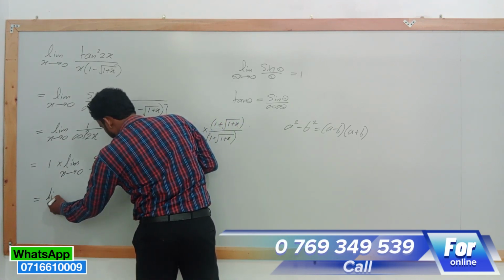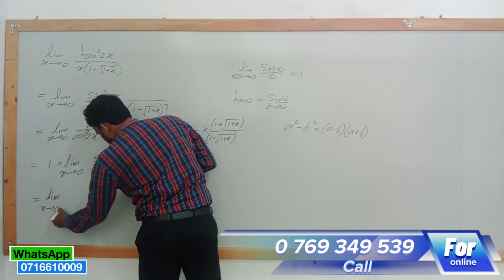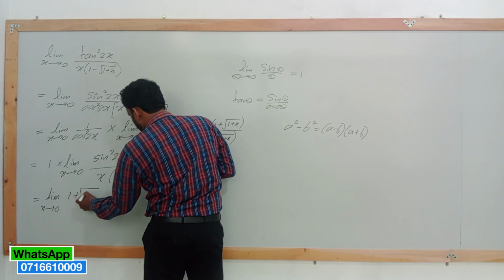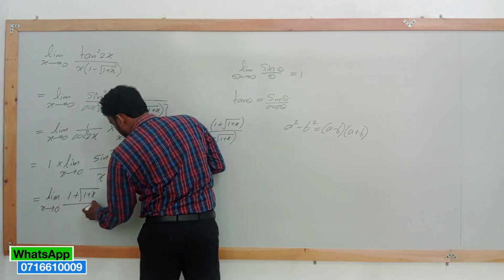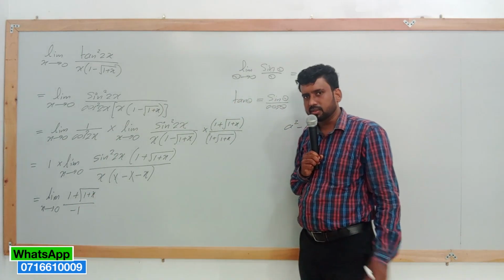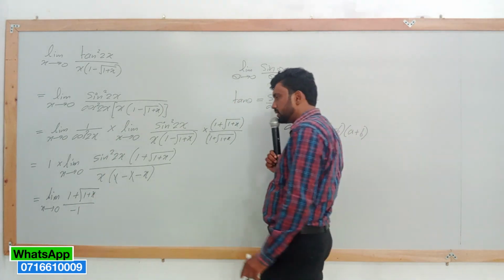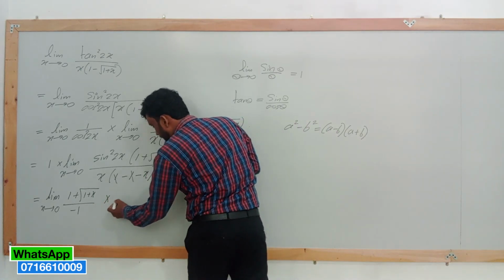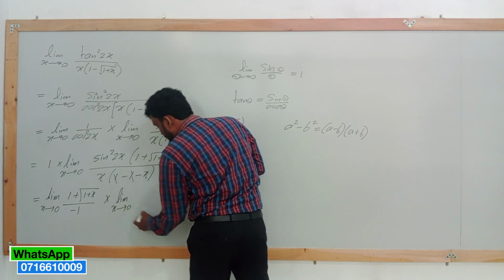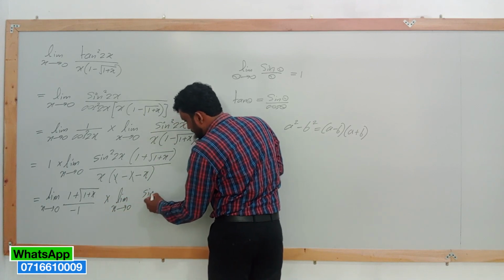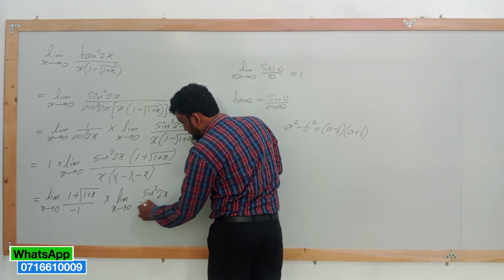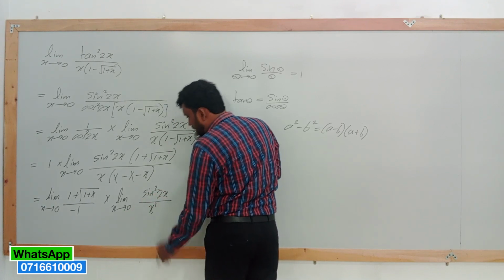Limit x goes to 0 of 1 plus root 1 plus x, divided by minus 1, I take the minus 1 to the other side. Again multiplied, limit x goes to 0, sin square 2x divided by x square.